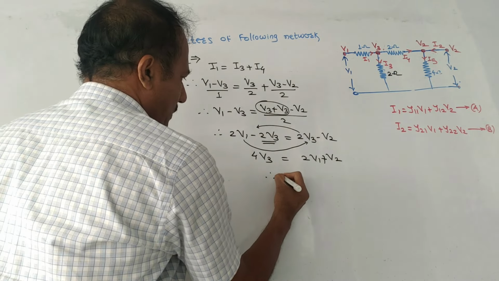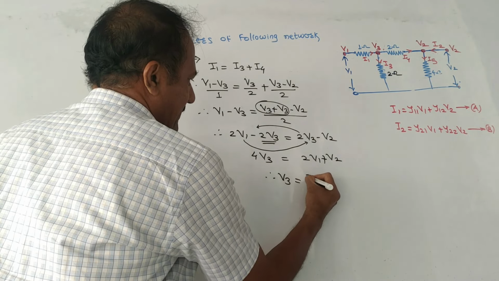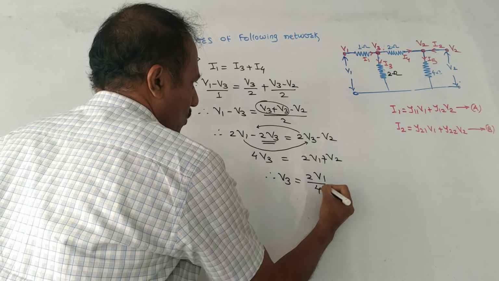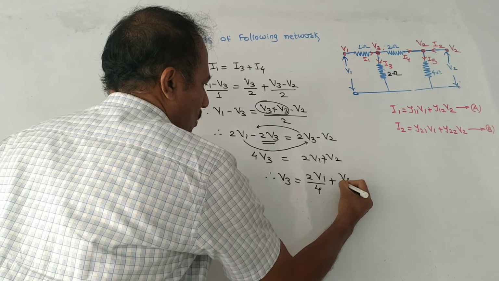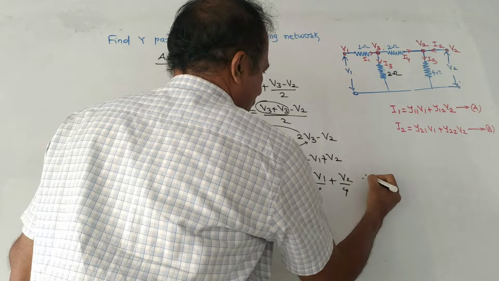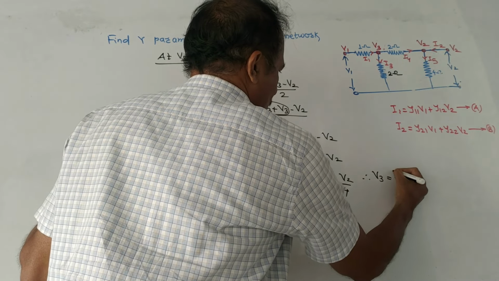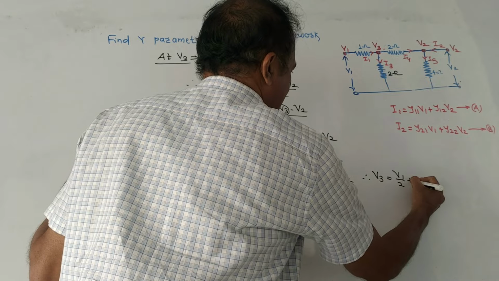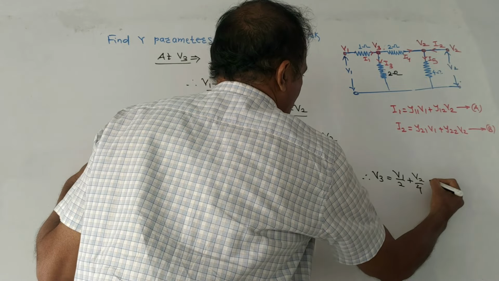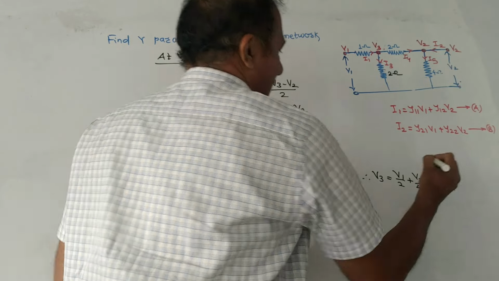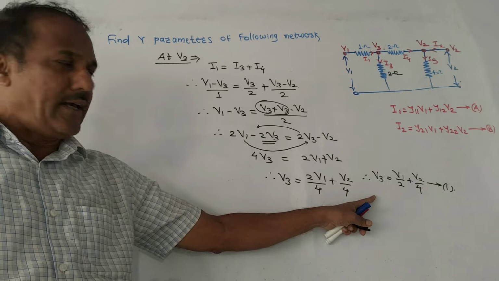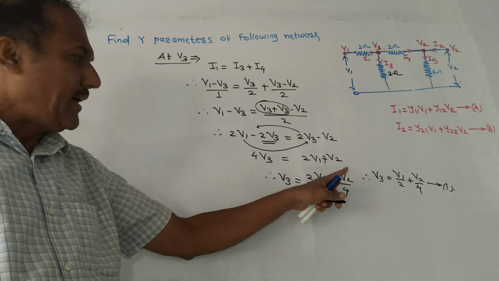Now the equation of V3 can be written as 2V1 upon 4 plus V2 upon 4. Therefore V3 is equal to V1 by 2 plus V2 by 4. Say equation number 1. This is the equation of V3 in terms of V1 and V2.